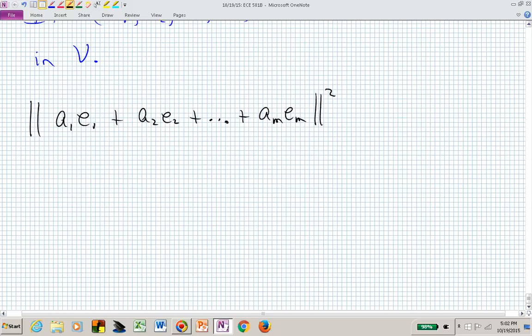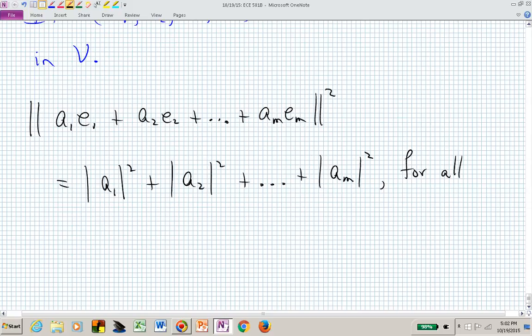All I have to do is take the absolute value of each of those scalars, square it, and add those up. Meaning, the norm of that vector squared is equal to the absolute value of a sub 1 squared plus the absolute value of a sub 2 squared, etc., all the way through the absolute value of the scalar a sub m squared.